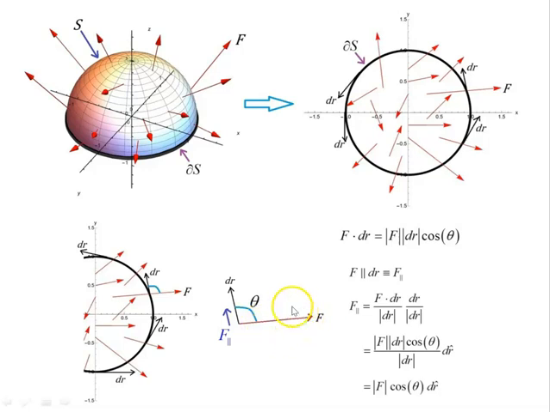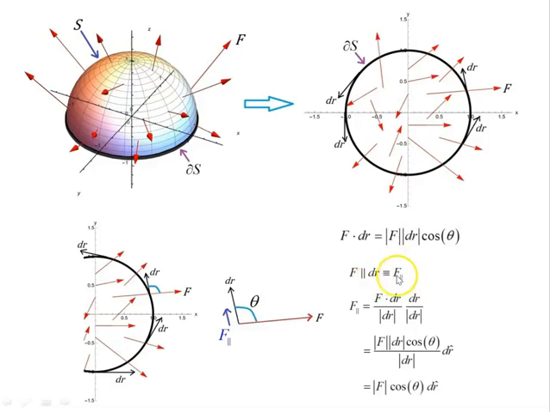Now, by definition, the scalar product between the vector F and the vector dr is the magnitude of F times the magnitude of dr times cos theta. When I say the part of F parallel to dr, I'm using this notation here.